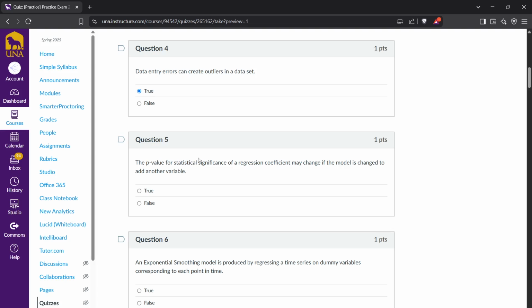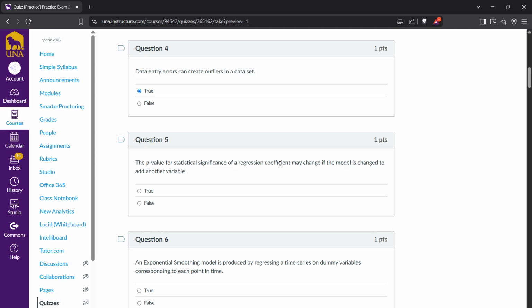The p-value for statistical significance of a regression coefficient may change if the model is changed to add another variable. Well, anytime I change the model, and it does say regression, so we're looking at regression models, but anytime I change the model in terms of changing what's on the right-hand side, or in a rather extreme scenario, perhaps changing what's on the left-hand side and looking at a transformed version of the variable y, which we can do, but we're starting from scratch with a whole new model.